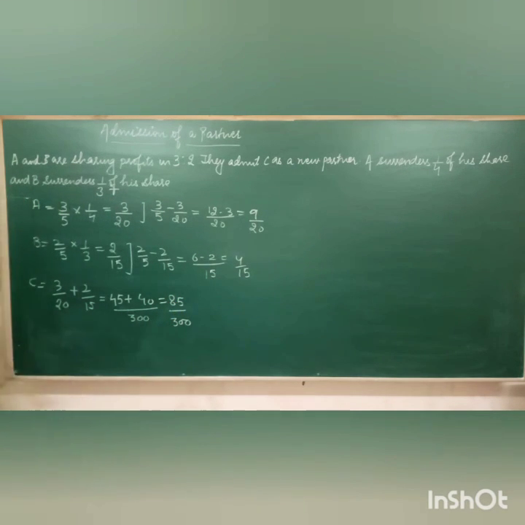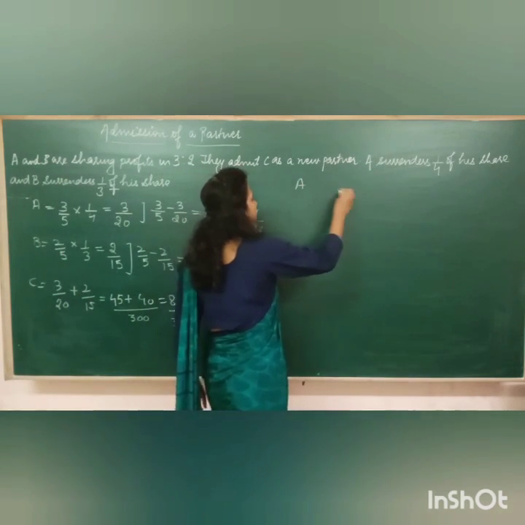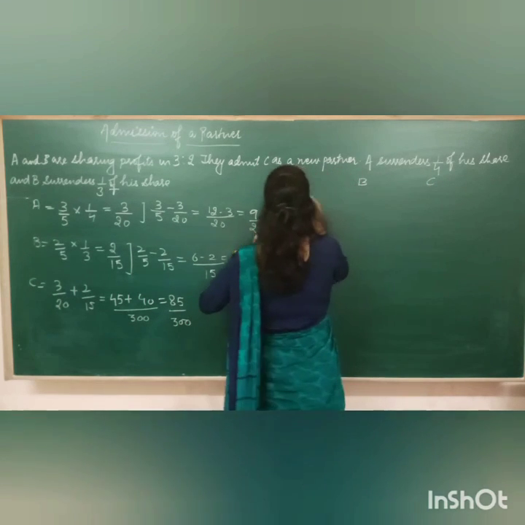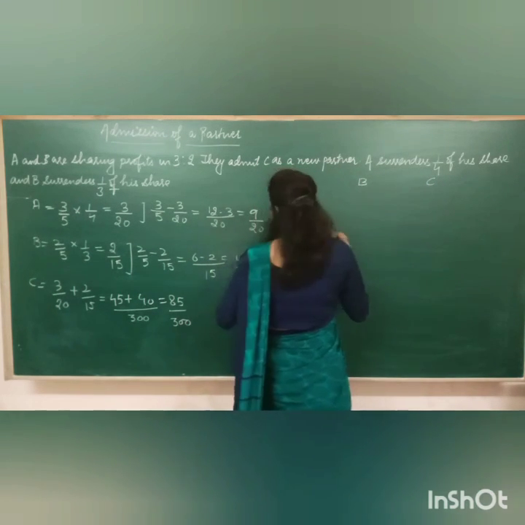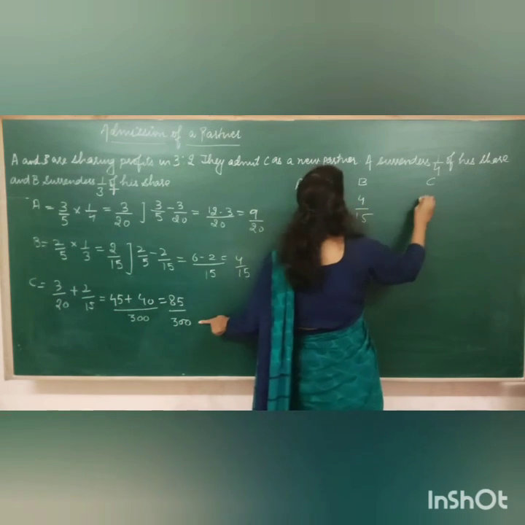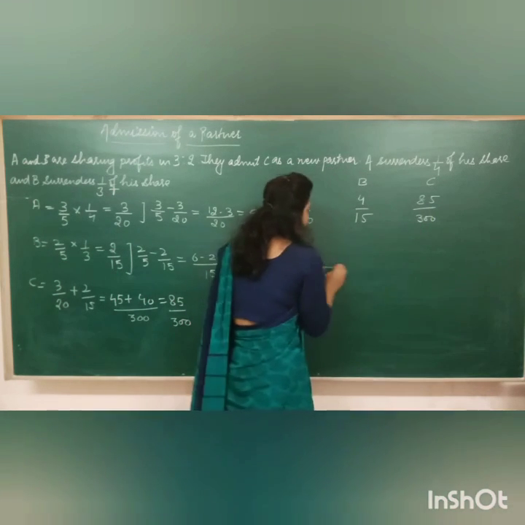This much C is getting. So now let's calculate new shares of A, B and C. A's leftover share is 9 by 20, B's leftover share is 4 by 15 and C's share is 85 upon 300. So let's take LCM.